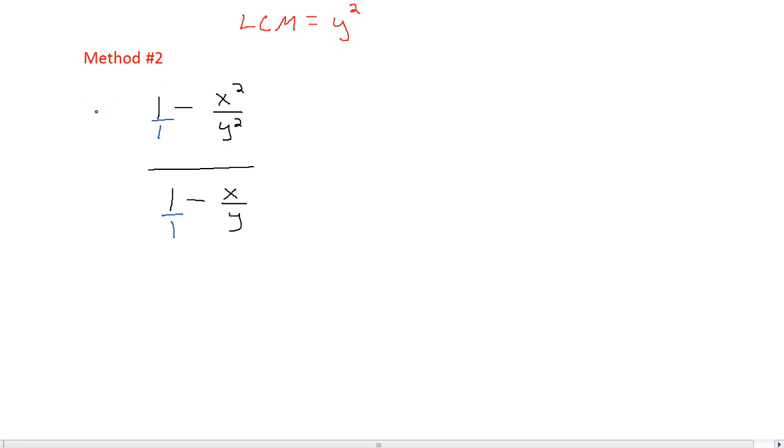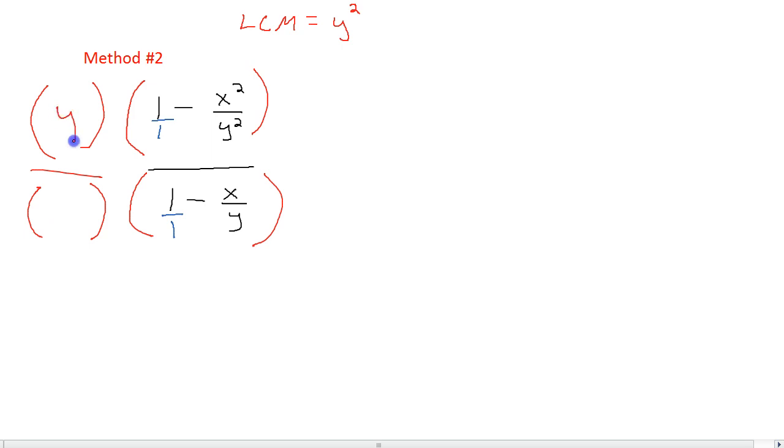So here's what we do. We're going to multiply the top fraction, the numerator and the denominator, by a quantity over itself. We've done that before. If I multiply by something over itself, I don't change the value, I just change what it looks like.